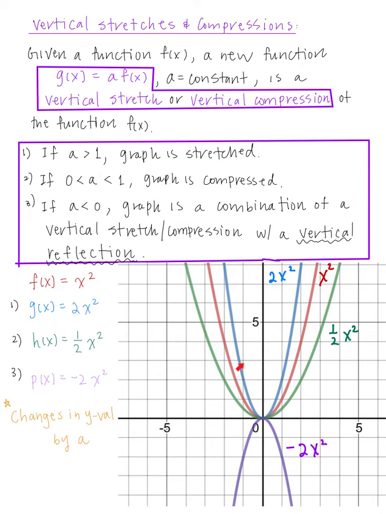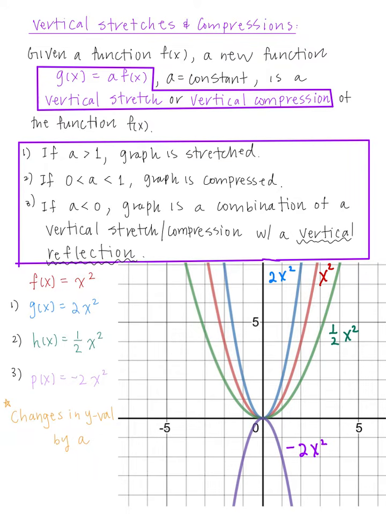You take your g of x and just flip it over with respect to the x-axis. We're going to be learning that in a minute, but anyway, if you multiply by a negative constant, you're going to have a vertical stretch on the mother graph, but you're also going to reflect it along the x-axis. So just to summarize, what are vertical stretches and compressions?